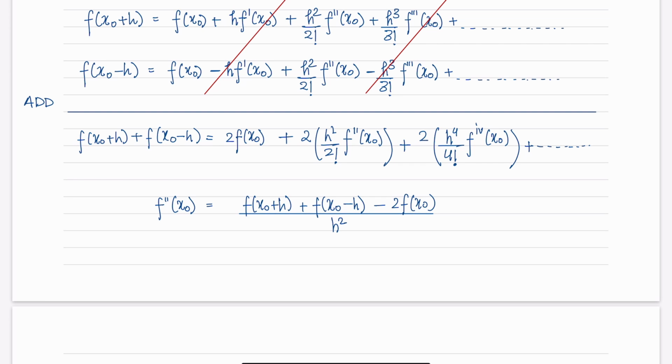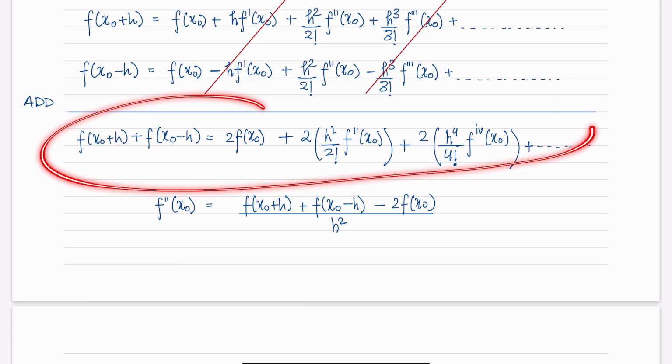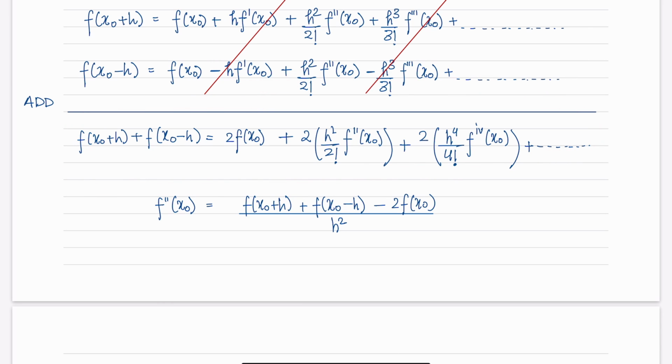So essentially we are dividing this equation by h square, and we're keeping this f double prime x naught on one side, which is the term that we are after, and we're taking everything else on the other side. Similarly, what happens to the term over here?